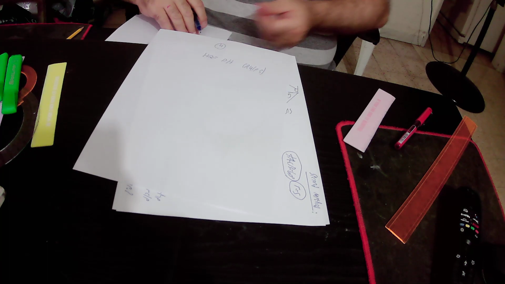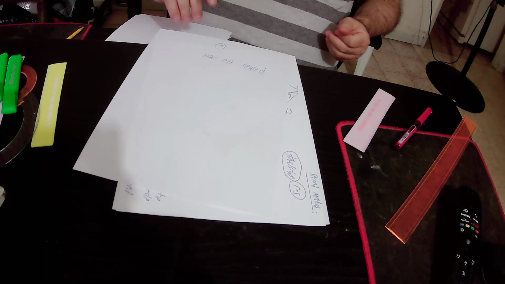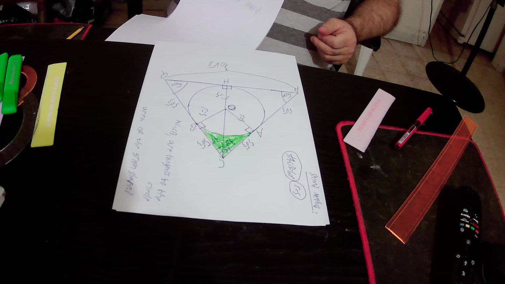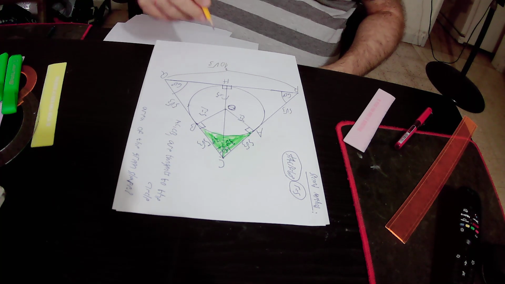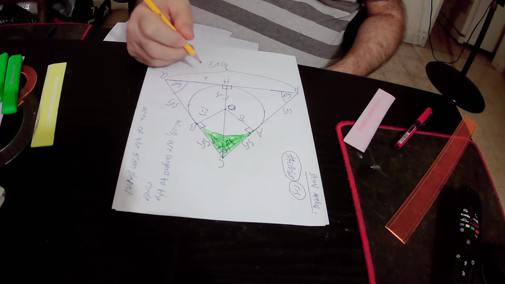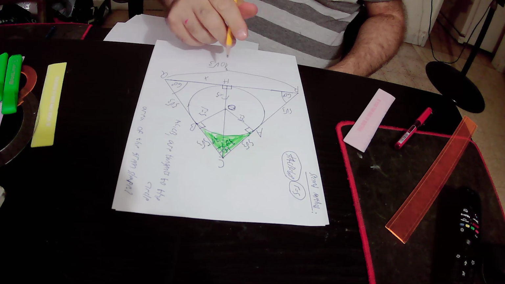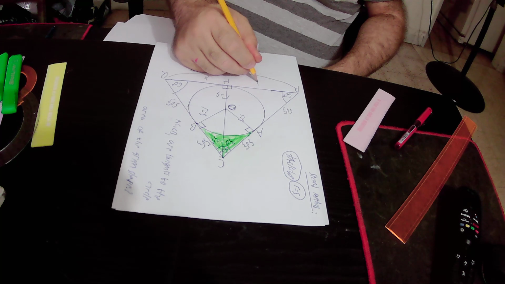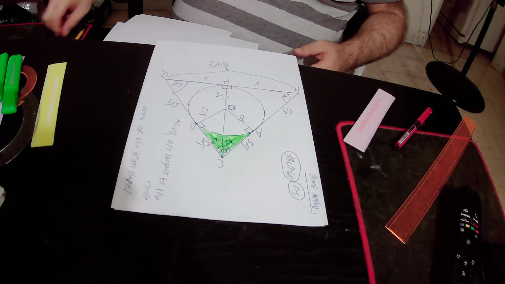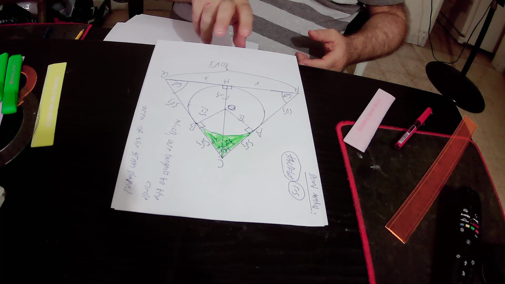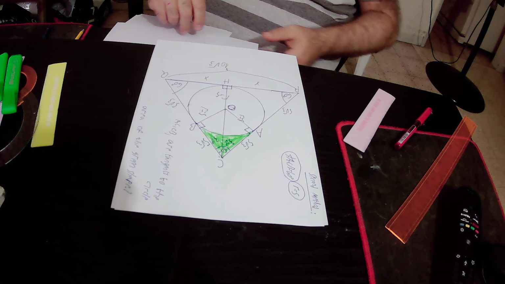And if we define HQ as X, then PH will be also equal to X. So from one side, PQ equals to 10 times root 3.